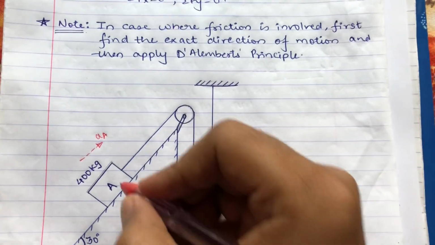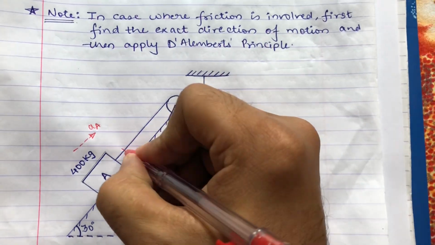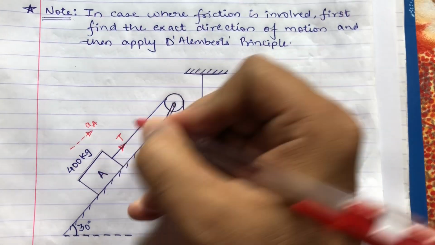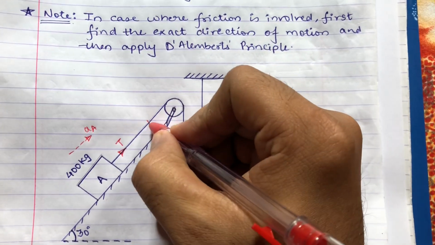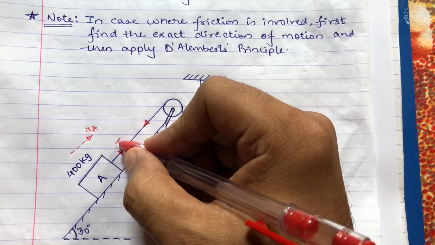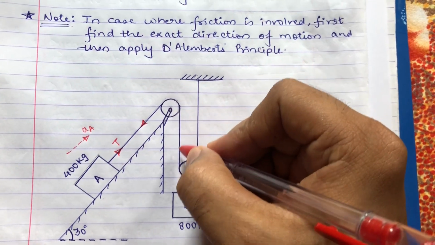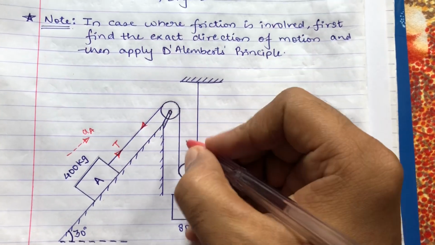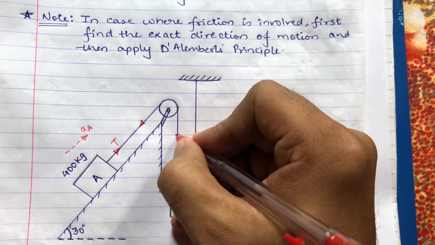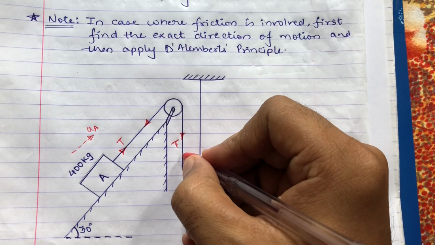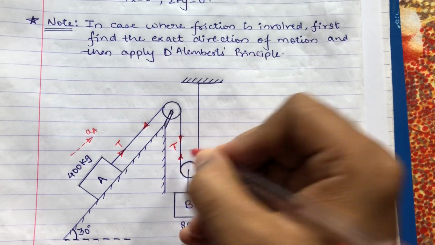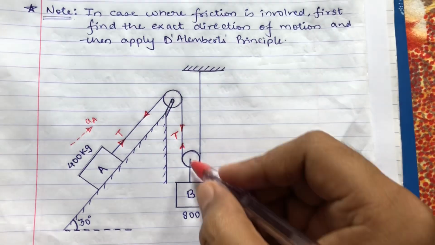If I'm talking about the tension, this is the block. Away from the body there is a tension that is continued. For the pulley the tension is in this direction, that is the same tension. As it is a common string, here also there will be a tension T, and for this pulley it will be tension away from the pulley.